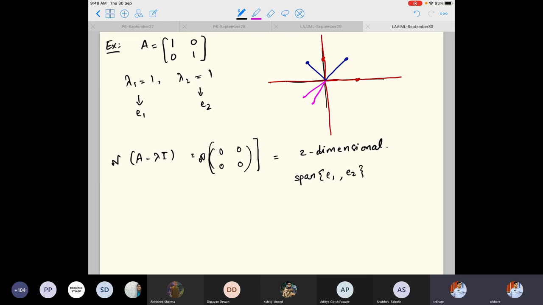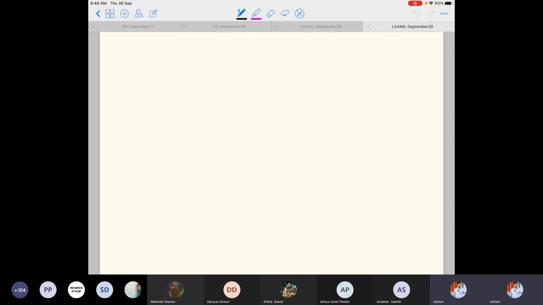Okay, so there are several observations. So let us write those observations down. What are the observations that we have? The first observation is the following. The trace of the matrix A is the sum of the diagonal entries.